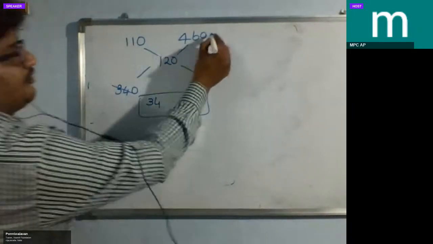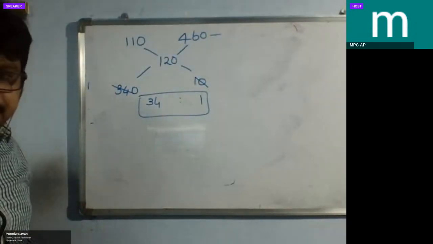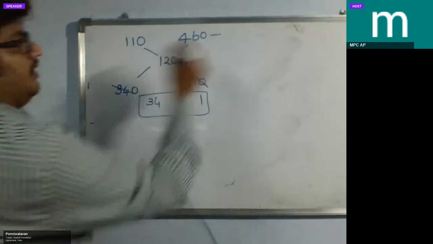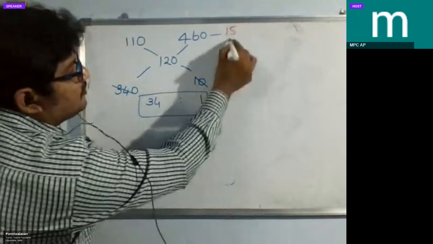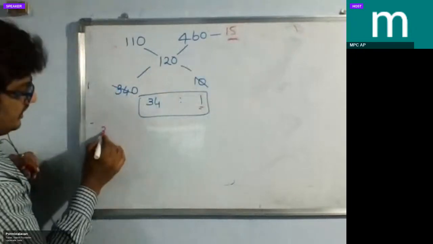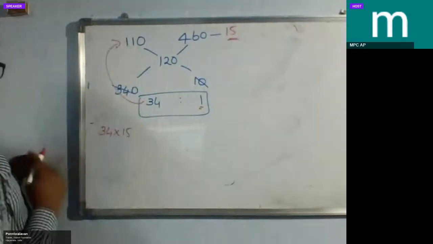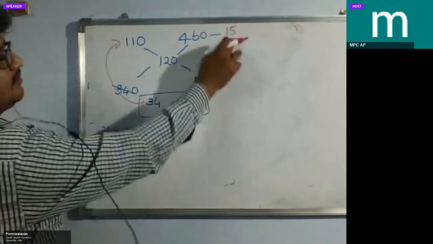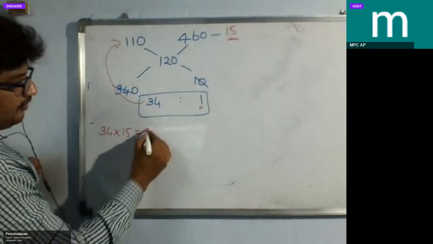Here how many officers are there? 15. Listen, 1 time is 15. Here it is 34 into 15, that is 510.